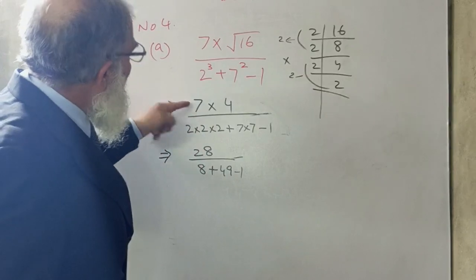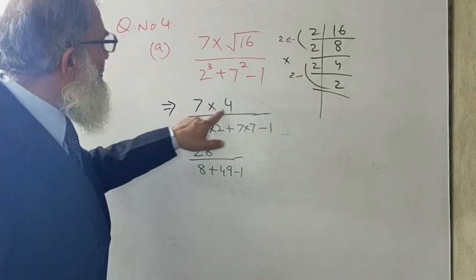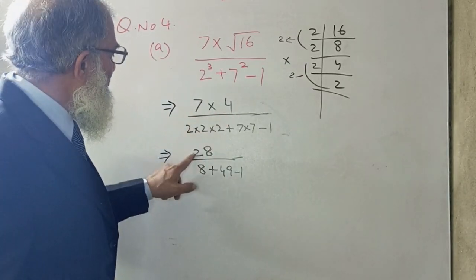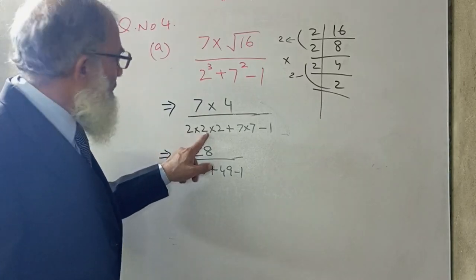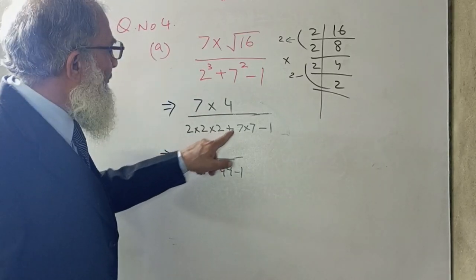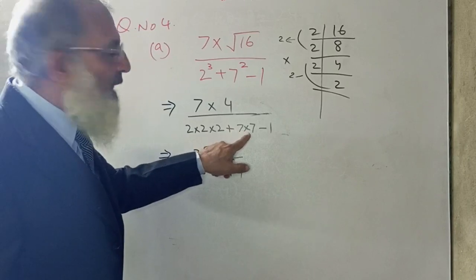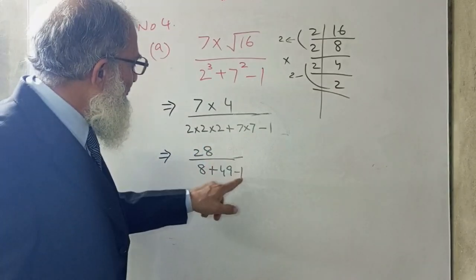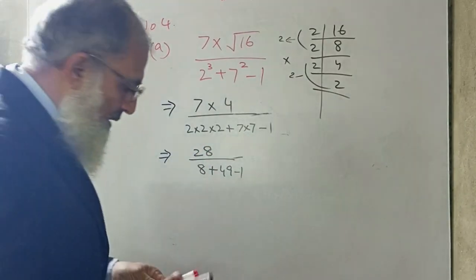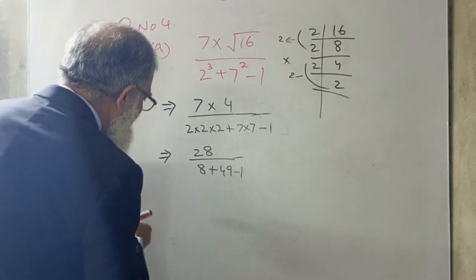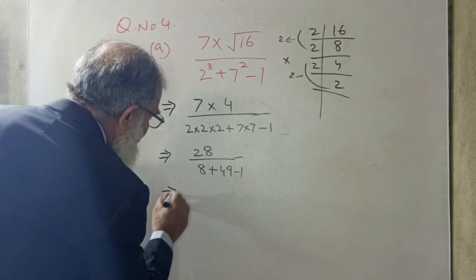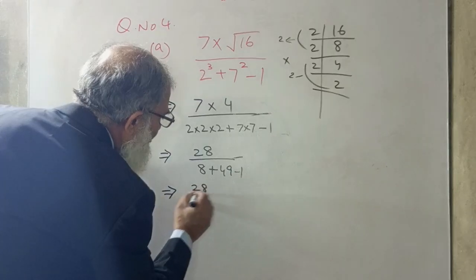You will multiply this: 7 multiplied by 4 is 28, and 2 times 2 times 2 is 8, and plus again 7 times 7 is 49, and we have written all of this over here. Now the next step, 28.